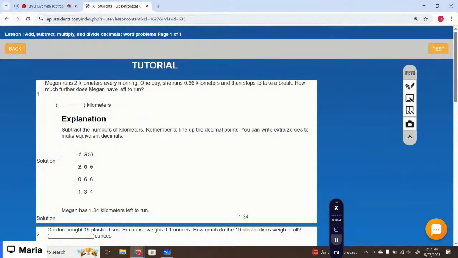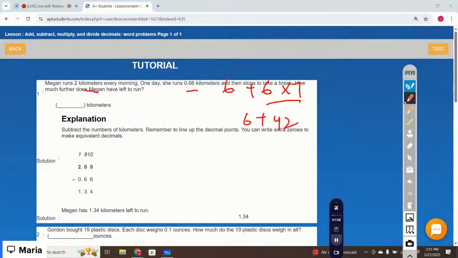How much further does Megan have left to run? So you need to subtract 0.66 out of 2. So that is 2.00 minus 0.66. That is 1 point. Let's just start with the test questions.